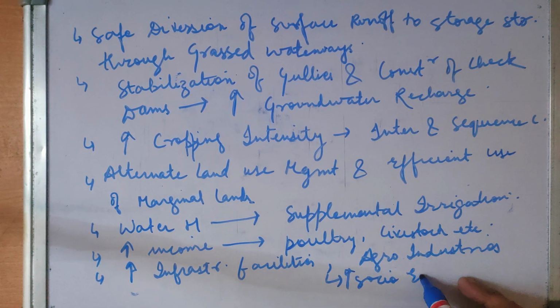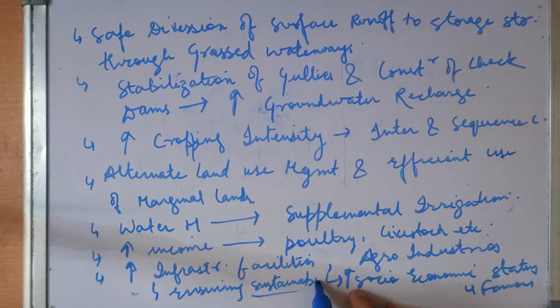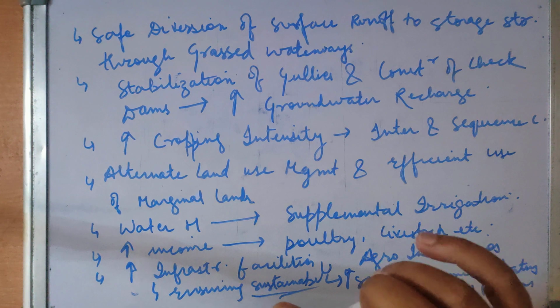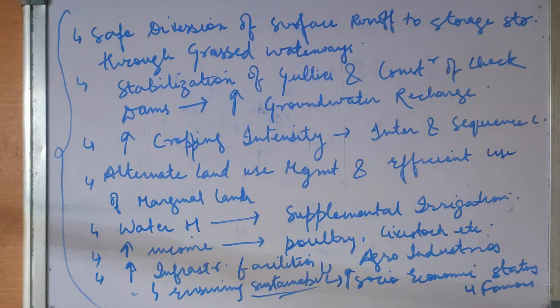Improving socio-economic status of farmers and ensuring sustainable management. So these points are the objectives or principles.